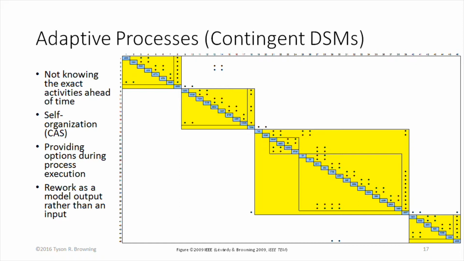This was looking at DSMs that had conditional or contingent relationships in them. So this was a model of a process where we didn't know that we wanted to do or would do all of the activities in the process. We said, depending on how things are, when we get to a certain step in the process, we may go one path or we may go another path.